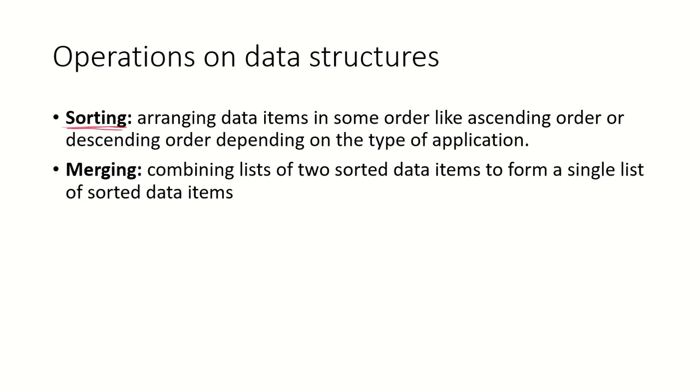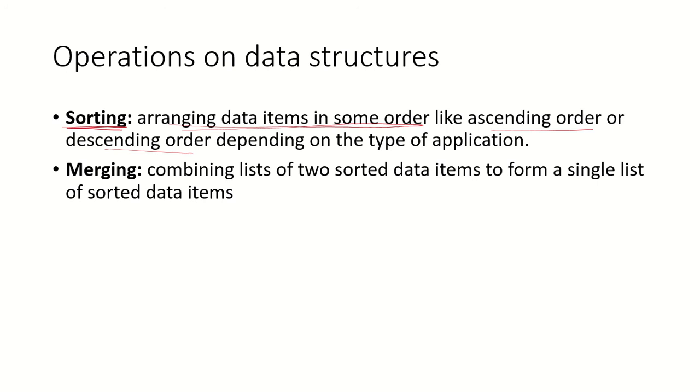Sorting is another operation that happens on data structures when we arrange the data items in some order, like ascending order or descending order, depending upon the problem or the type of application. Suppose the marks of students are given, you might be asked to get the top 3 scorers of the class.